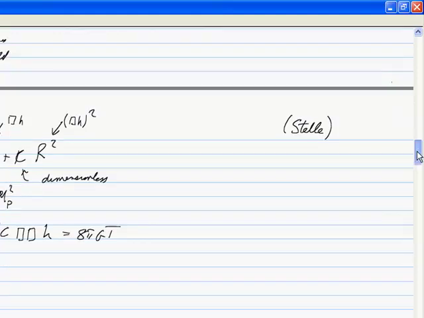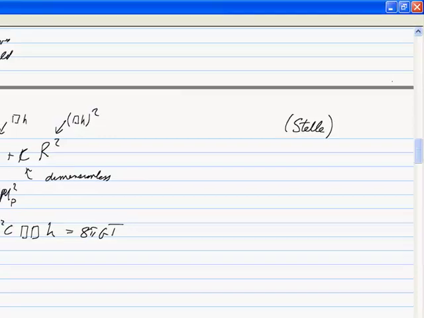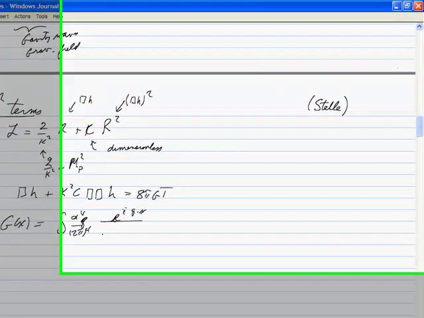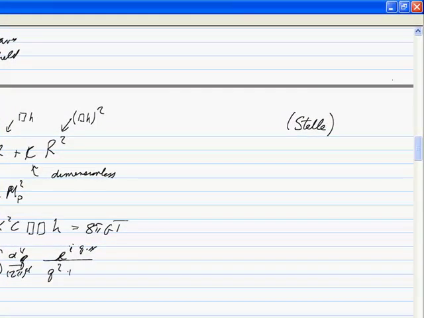Okay. So if you solve this, you would solve this by a Green's function. The Green's function is then the integral d^4 q over 2 pi to the fourth, e to the i q dot x over q squared plus kappa squared c q to the fourth.